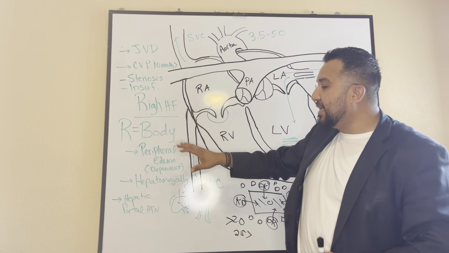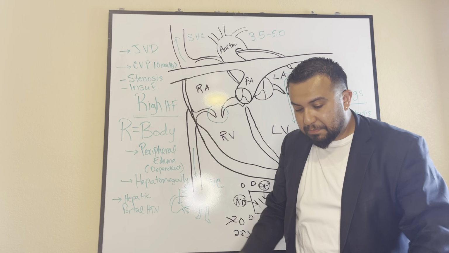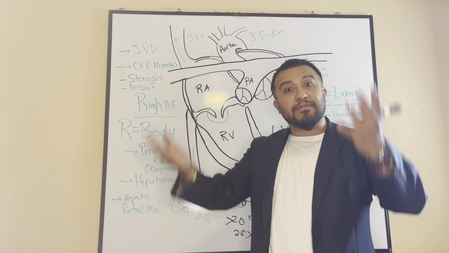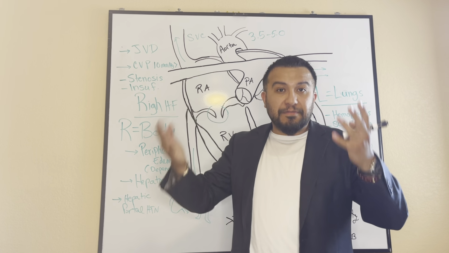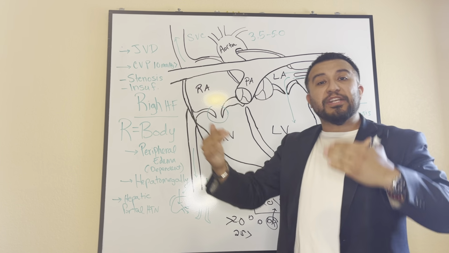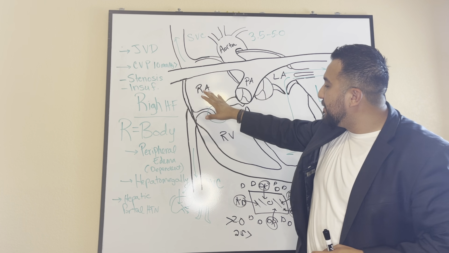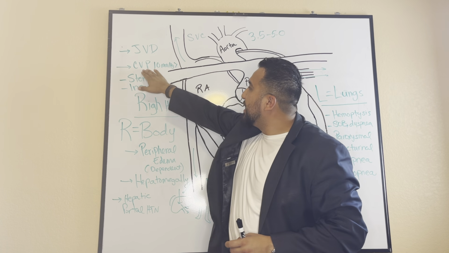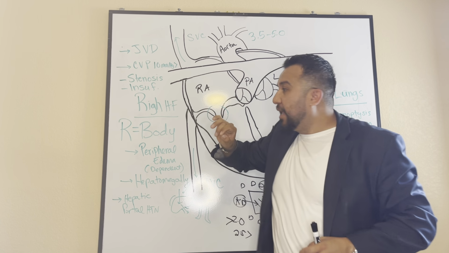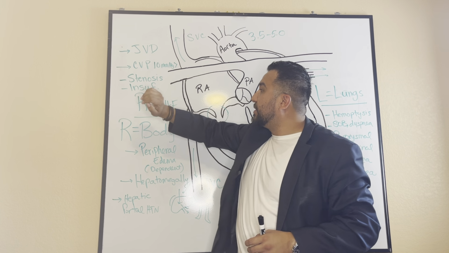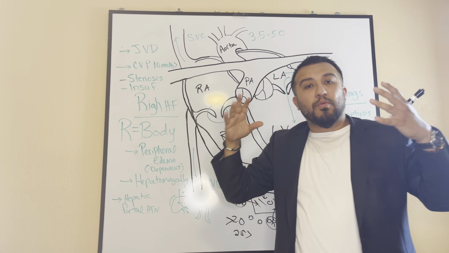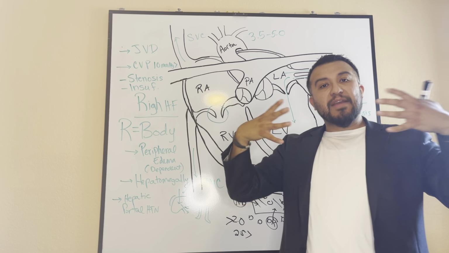So if the patient has any type of peripheral edema, dependent edema in the legs, well, we elevate those extremities. And we elevate them so it can help with venous return. If the patient has any type of central venous pressure elevation, jugular vein distension, because of stenosis, insufficiency, or right-sided heart failure, you understand they're going to have excessive fluids.